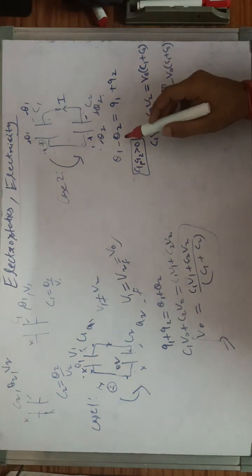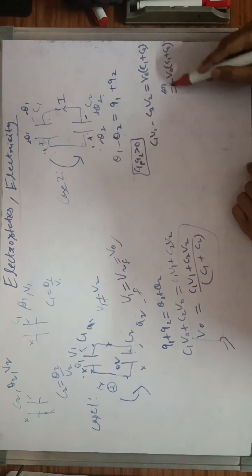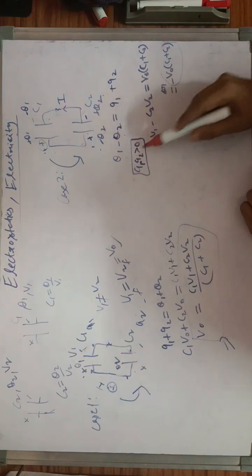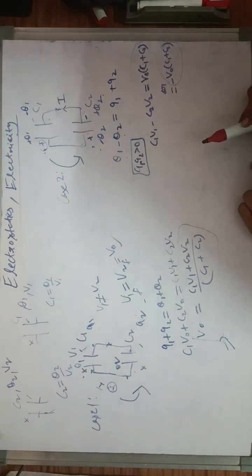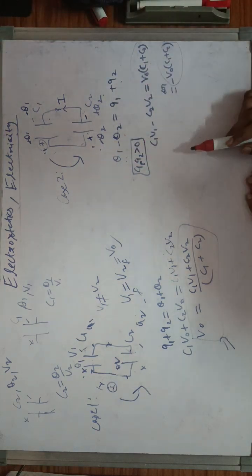It means if Q2 becomes large, then this value becomes negative, and in that case we have to take this sign, and if Q1 is greater than Q2, then we'll have to take this sign, because positive values will be equated to the positive.